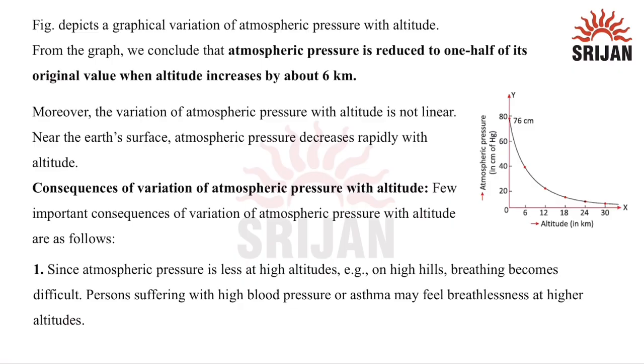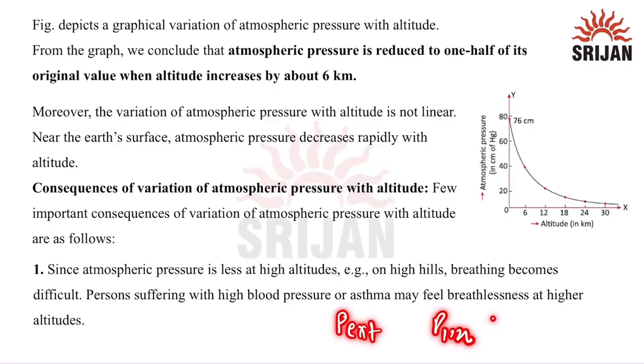So, what are the consequences of the variation of atmospheric pressure with altitude? There are a few important ones. First, atmospheric pressure is less at high altitudes, so on high hills, breathing becomes more difficult. Breathing depends upon the external pressure and internal pressure.